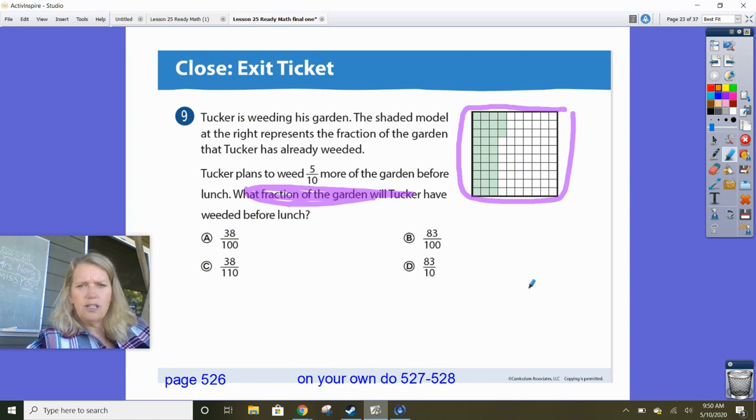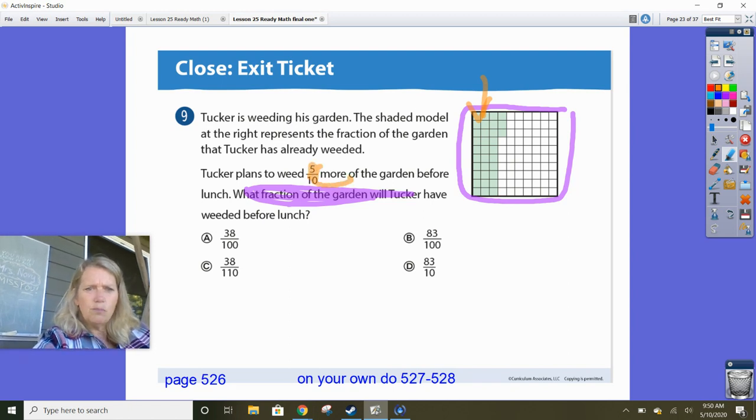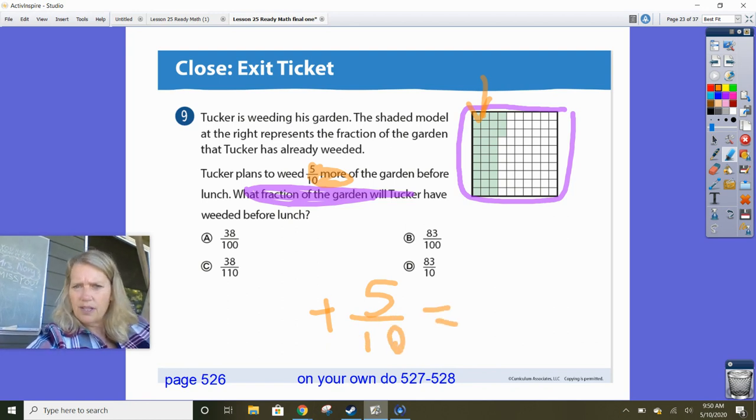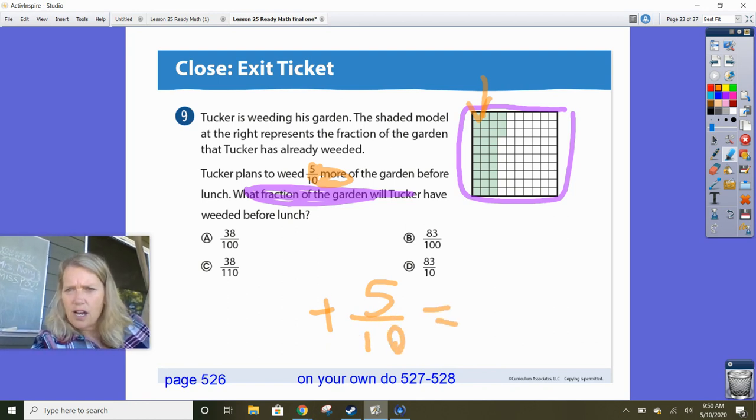Tucker's weeding his garden. The shaded model at the right represents the fraction of the garden that Tucker has already weeded. So this right here, already, that's an important number. And then 5/10 more. So we're going to be adding 5/10 to whatever this is. So this is a hundreds chart.